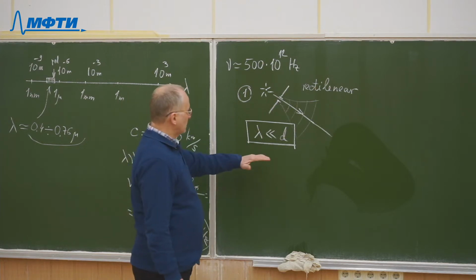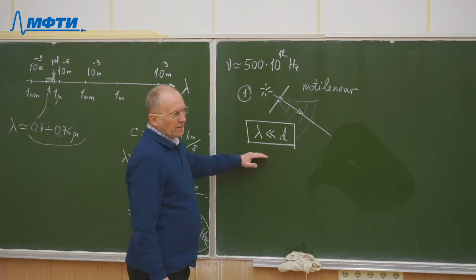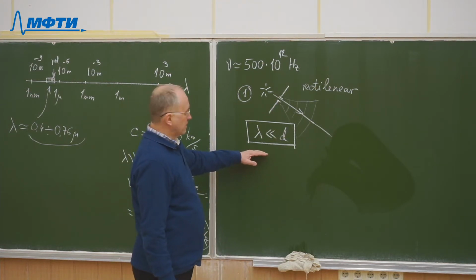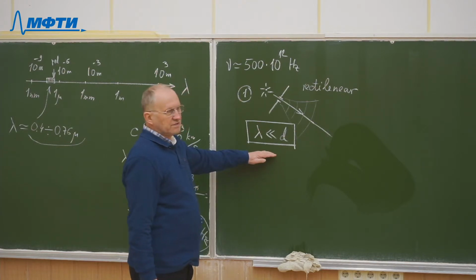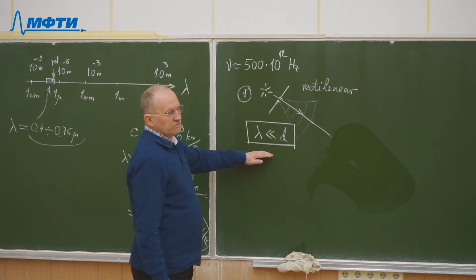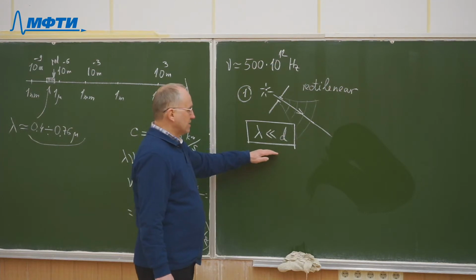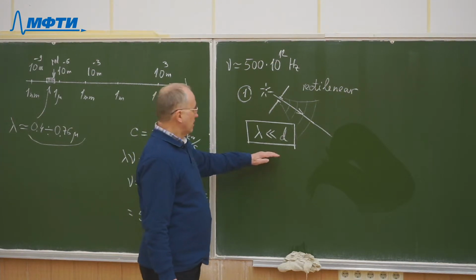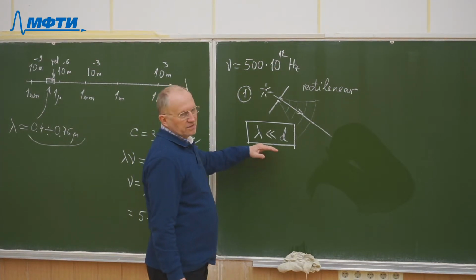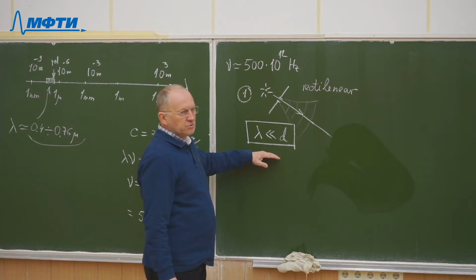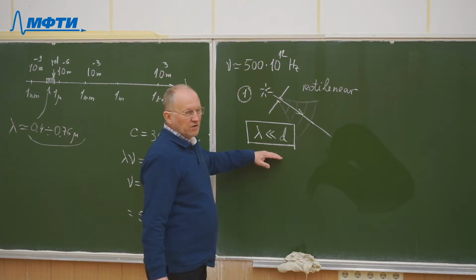So this is the general condition for applicability of geometrical optics. If this condition is violated, then you will have no right to apply the rules of geometrical optics. Then you will have to use the rules of wave optics.